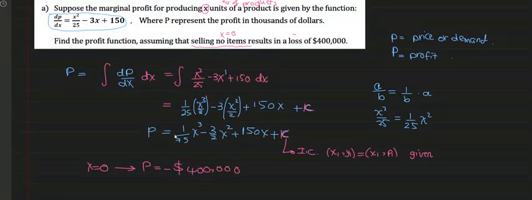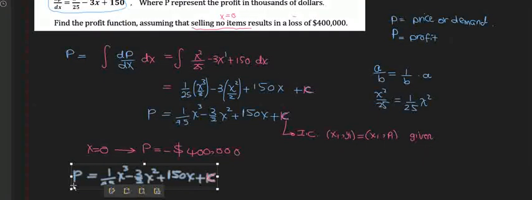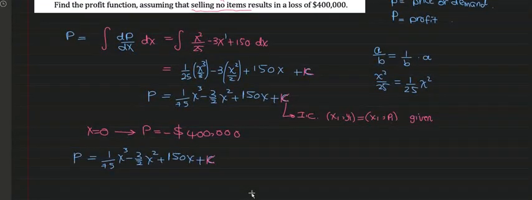$400,000. So we can go to that function that we derived here for the profit, and we can now directly substitute for the x, 0. So this will be 0, and that is 0, and this is 0, and now the k is what? The corresponding p, which is negative 400,000.